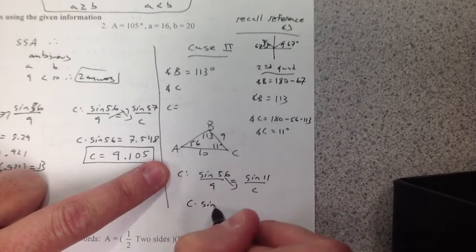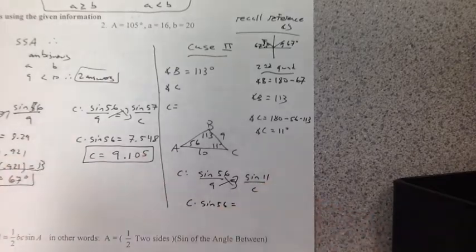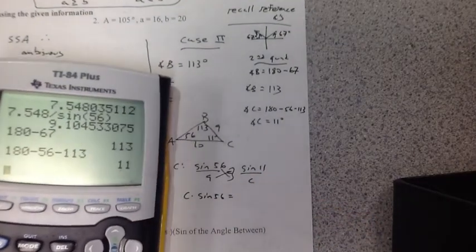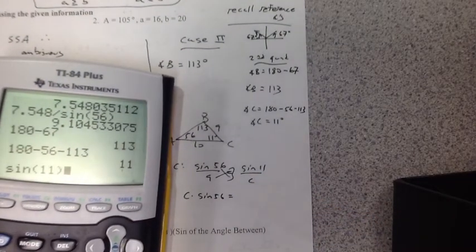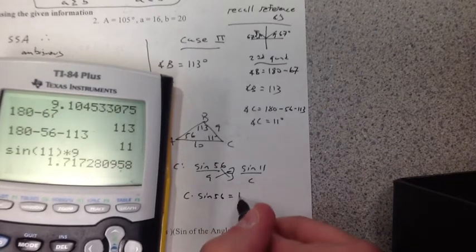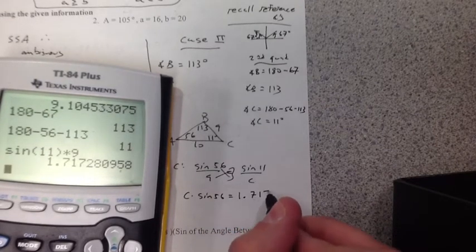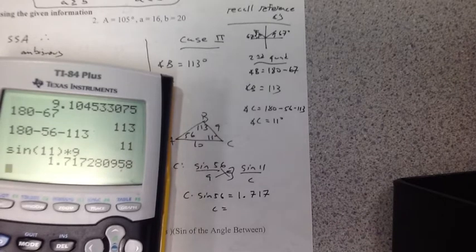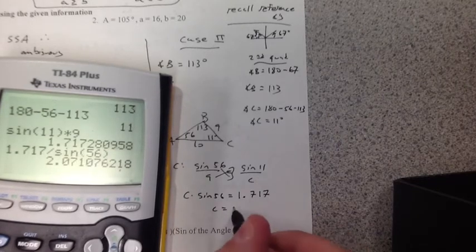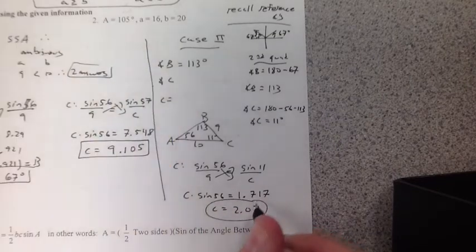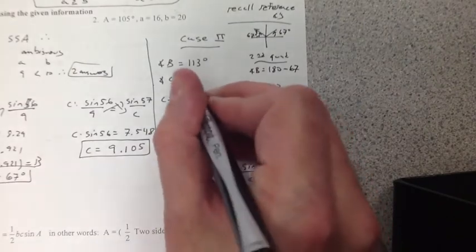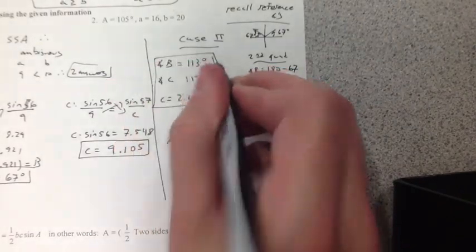C times the sine of 56 equals sine of 11 times 9. I get 1.717, and we divide that by the sine of 56, and we get 2.07. And there's our answers right there.